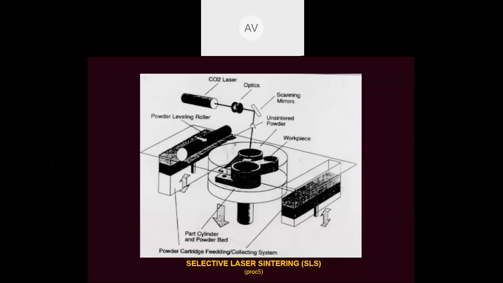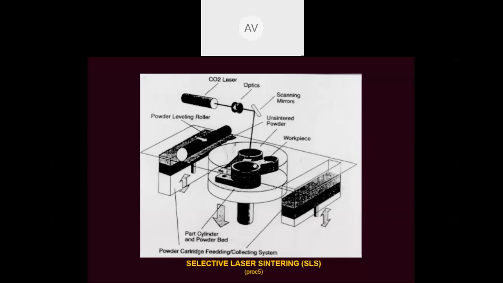Once this process is completed, the laser beam, which is controlled by the system, will pass through to the part cylinder, and as the laser beam falls on the powder material, it gets solidified, the fusion occurs over here and the part is solidified.